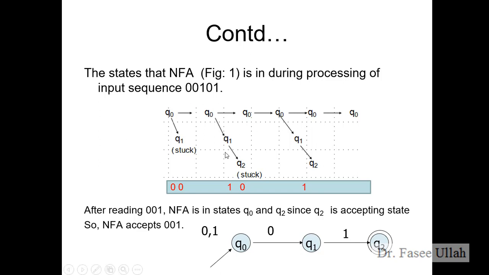Then again, whenever we reach the next transition state, whether it's Q1 or Q2, we have to start from Q0, I mean the initial state. So over here we have the initial state, then we have Q1 and Q2. So it is again stuck. So what are the values which have been read over here?